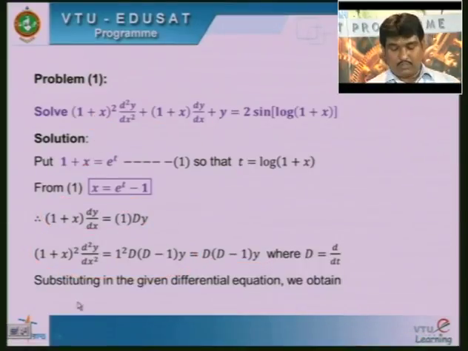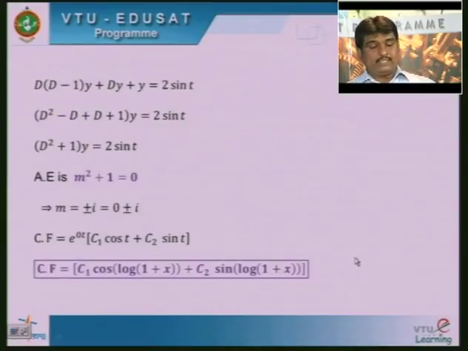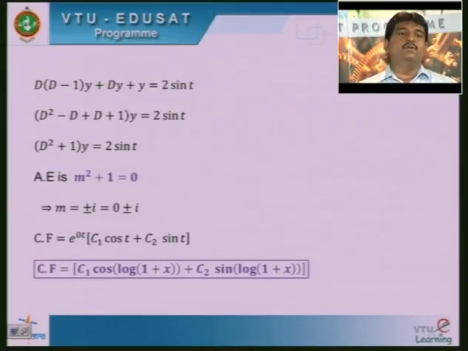When you substitute all these things in the given differential equation, we get D into D minus 1 of y plus Dy plus y equals 2 sin t. Simplify this, we get D square plus 1 of y equals 2 into sin t. Auxiliary equation is m square plus 1 equals 0. You solve this, we get a pair of complex roots 0 plus or minus i.